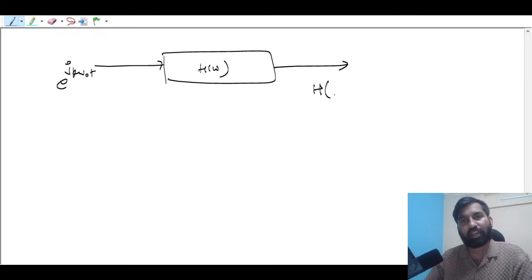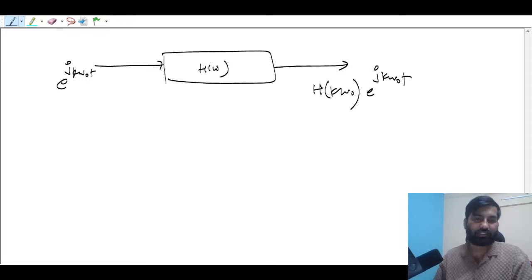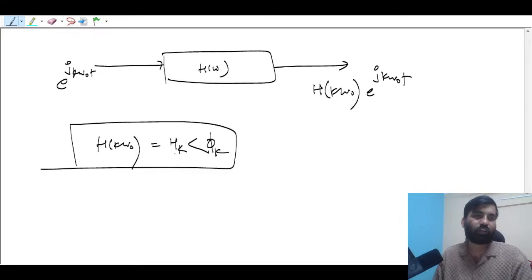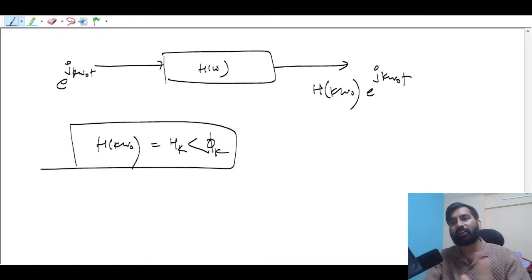The output is going to be H, where you just replace this omega by k omega naught, times e raised to power j k omega naught t, and let's say that this H(k omega naught) has magnitude H_k and angle phi_k. And how to find out H_k and phi_k? At the input frequency only, and this is a property: if input has omega naught, output must also have the same frequency omega naught, right.